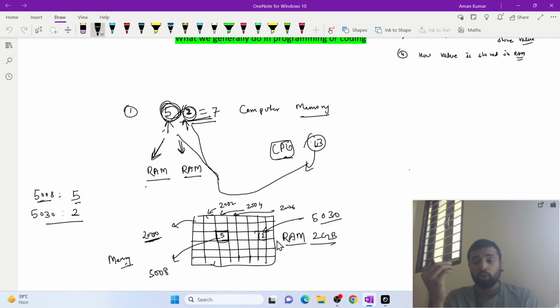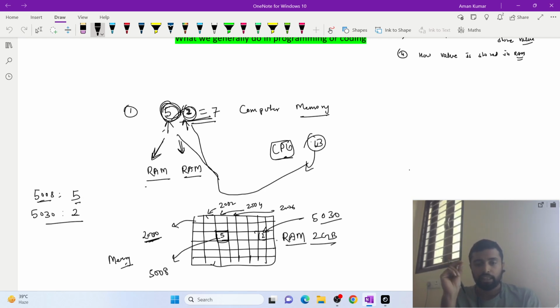We saw that to perform an operation like 5 plus 2, a human first stores both values, 5 and 2, in the memory or in the brain, and then the brain's task is to get those values and perform the addition operation. After that, if it is required, the brain will store that output in memory, or if it is not required, it can give the output through the mouth, or through other parts.